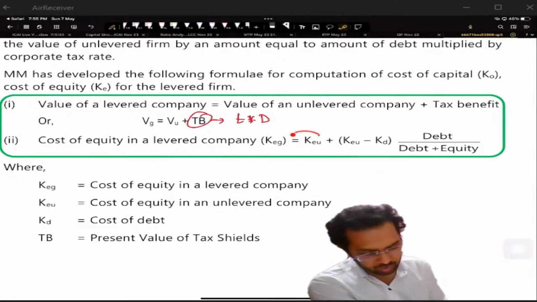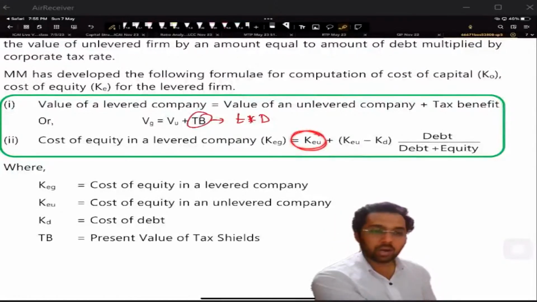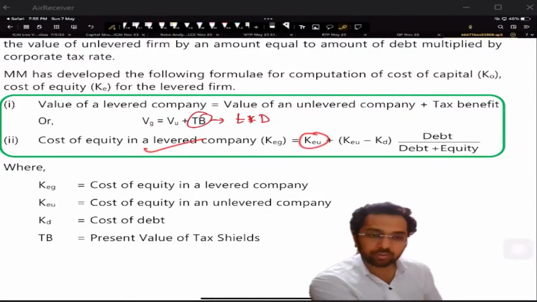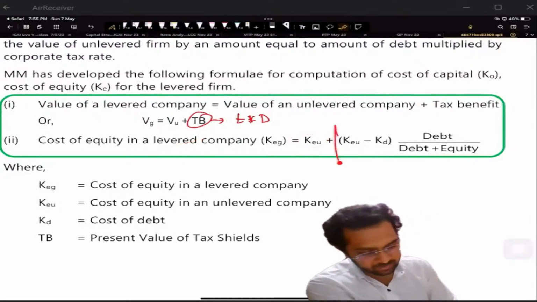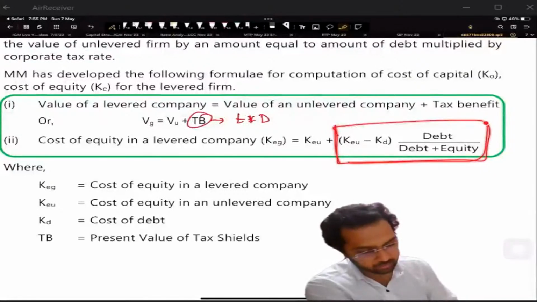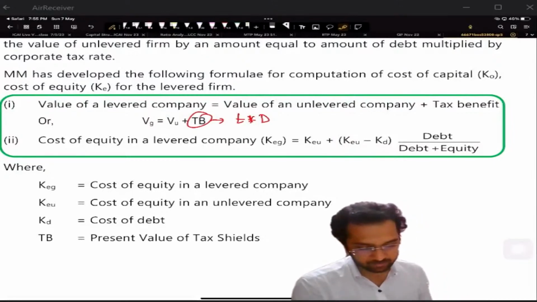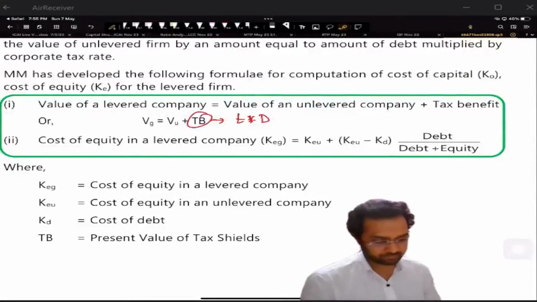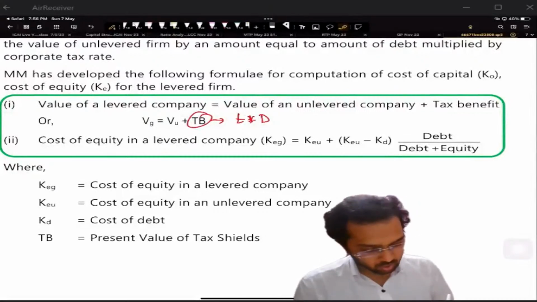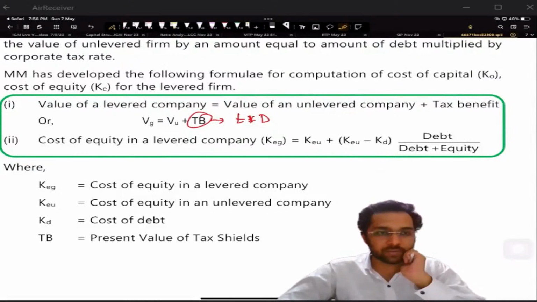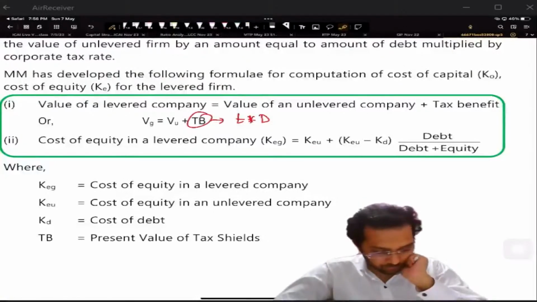So whatever is the cost of equity in an ungeared company is going to be earned by the equity shareholders of the levered company. Plus, they will also have something as a benefit from the debt. Now remember, cost of equity in case of a geared company will be same as its overall cost of capital, same as its KO.